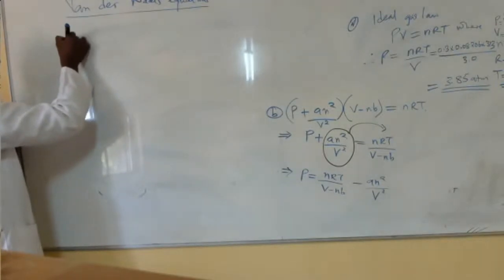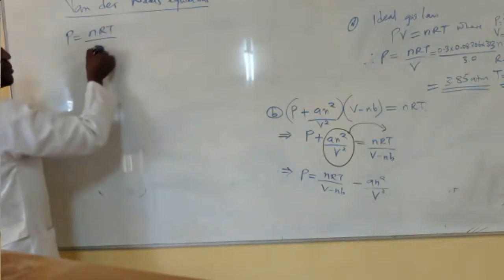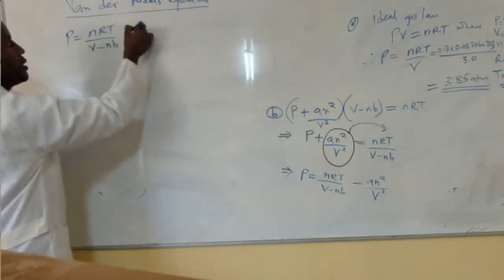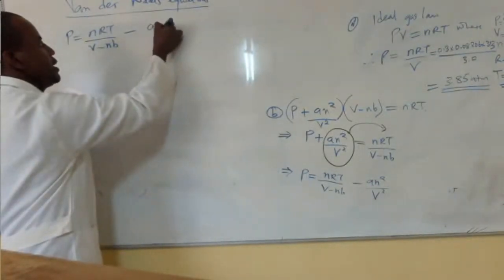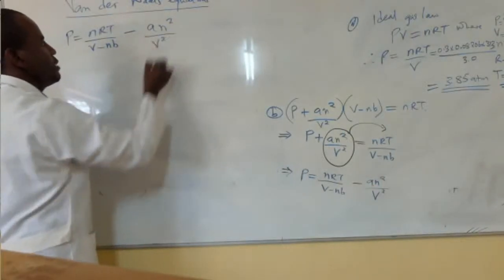P is equal to nRT divided by V minus nb, minus an squared divided by V squared.